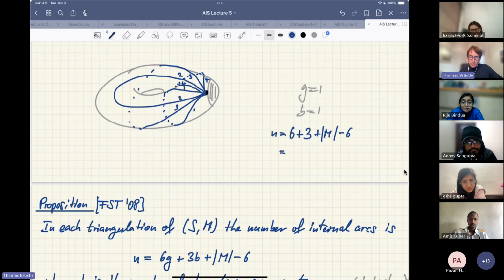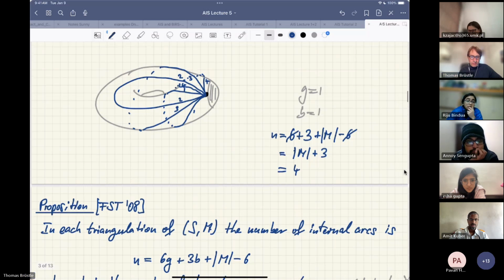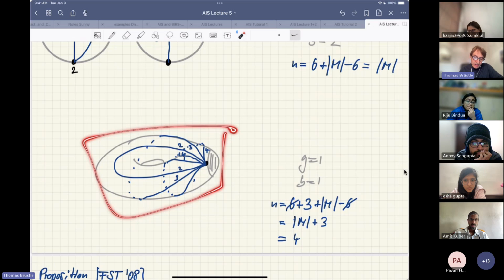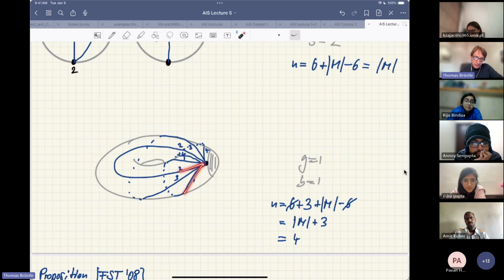So the number that we want to get here is 6 minus 6, this is going to be number of marked points plus 3. We have got only 1 marked point here, so we need 4 internal arcs. So if I made no mistake, the number at least is correct. So I have 1, 2, 3, 4 arcs here. That has good chance of being a triangulation.